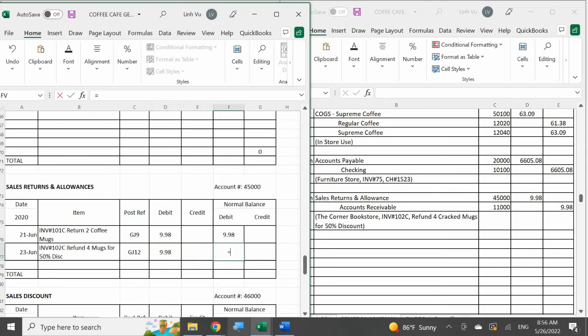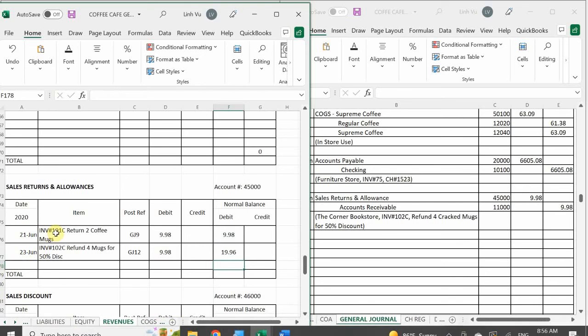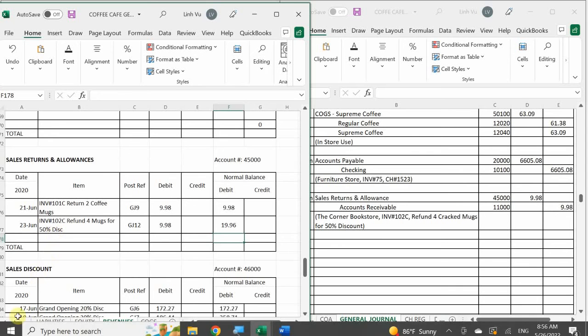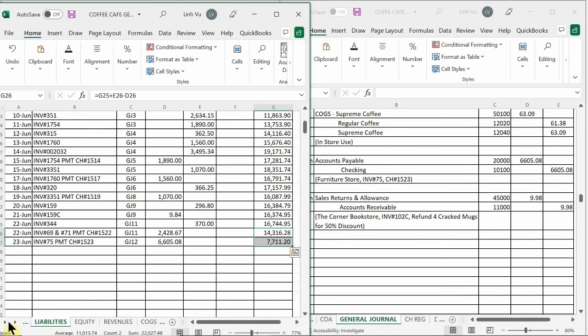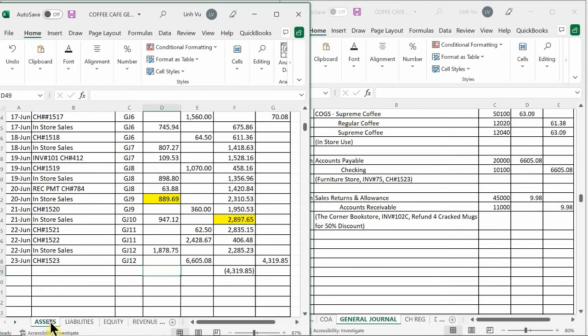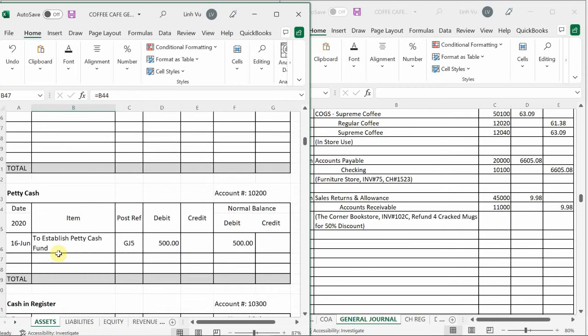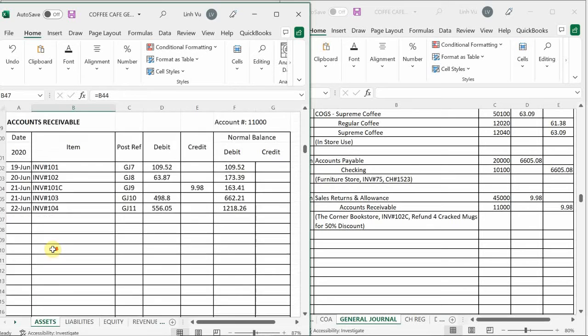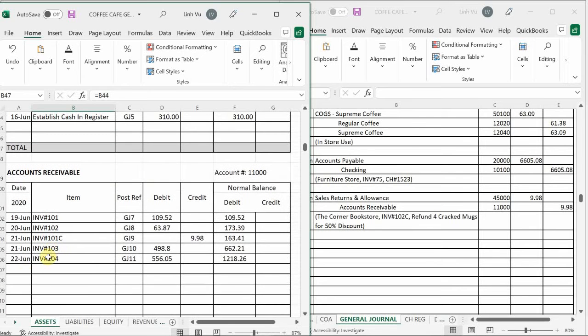So in this case, my ending balance in my sales returns and allowances should be $19.96. And now I have to reduce the accounts receivable account because they owe less money now.